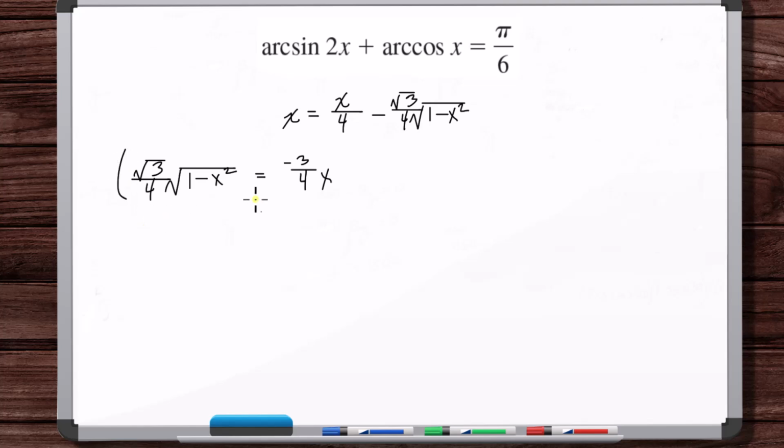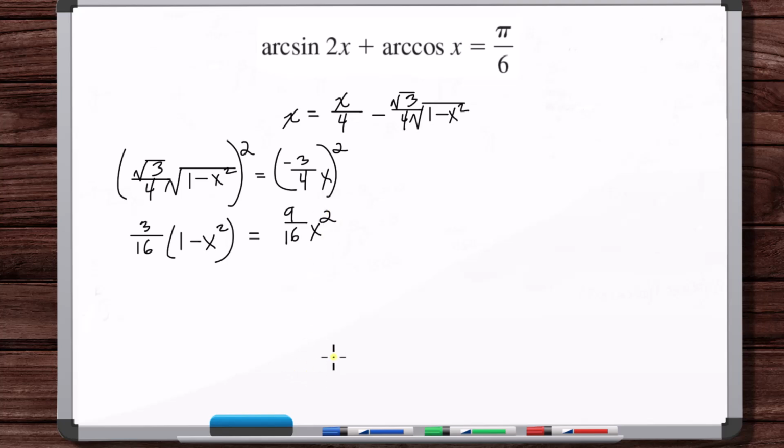Now let's square both sides. So we've got 3 over 16 times 1 minus x squared. Now let's divide both sides by 3/16. So we've got 9x squared over 16 times 16 over 3.